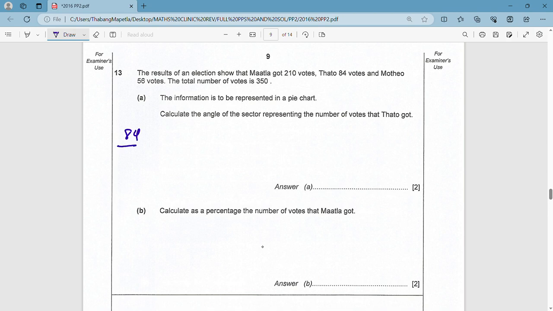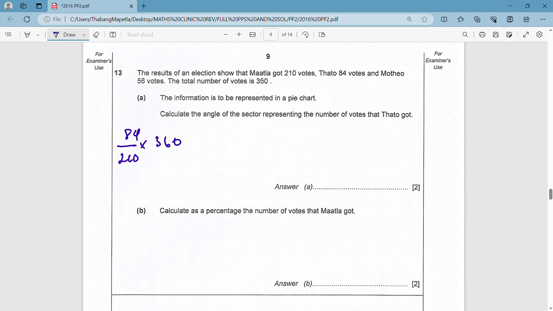over the total number of voters, 210. Calculate the angle. It says what angle, so how many degrees are around? 360.